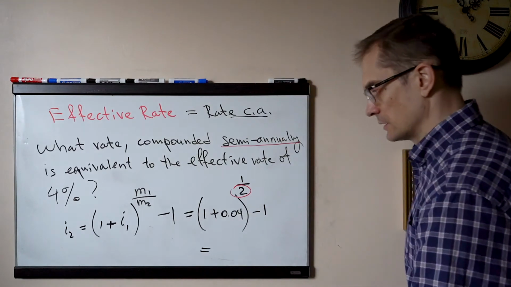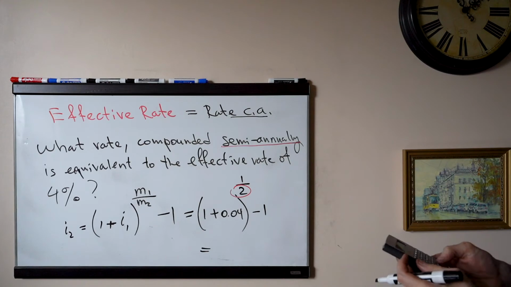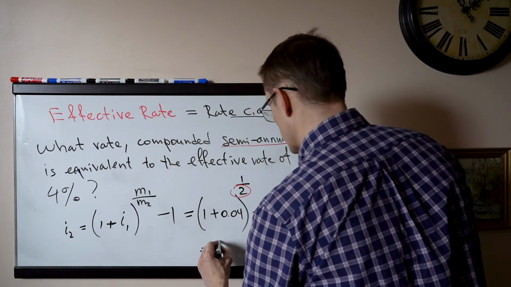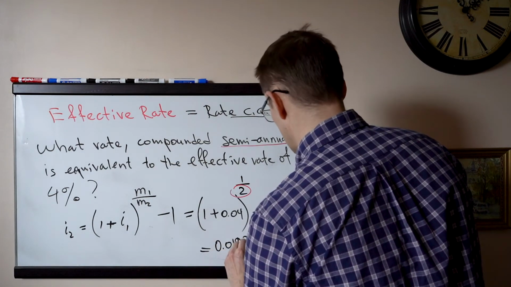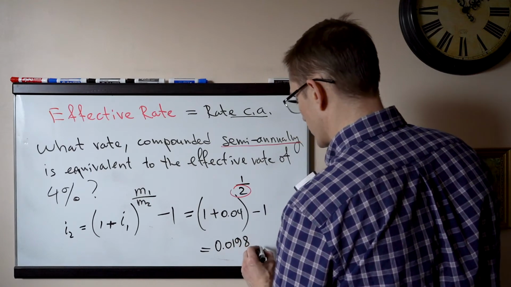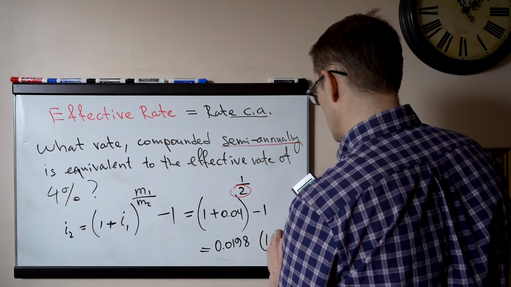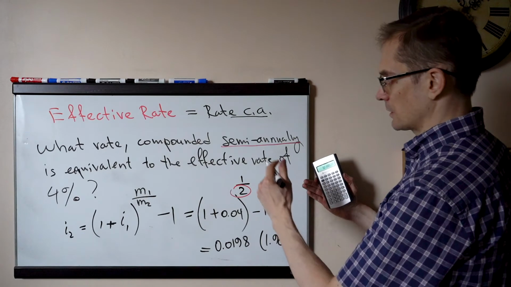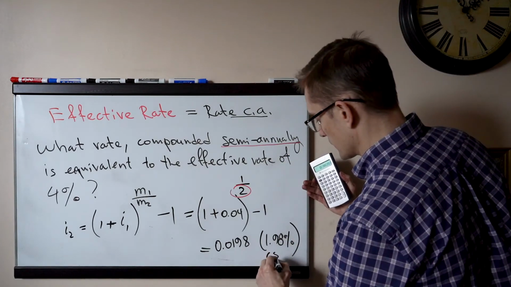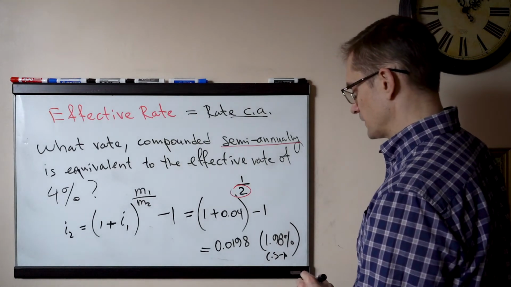So let's see how this works. So it is 0.0198, right? Rounded, of course. So the answer is 1.98% compounded semi-annually.